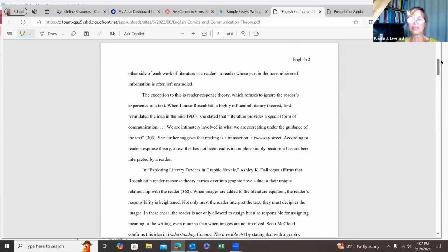Again, we have that same style right here. The writer is using a direct quote, citing it in correct MLA. And of course, the reason that it's only the page number is because the author's name is in the sentence. And then we have that same format.